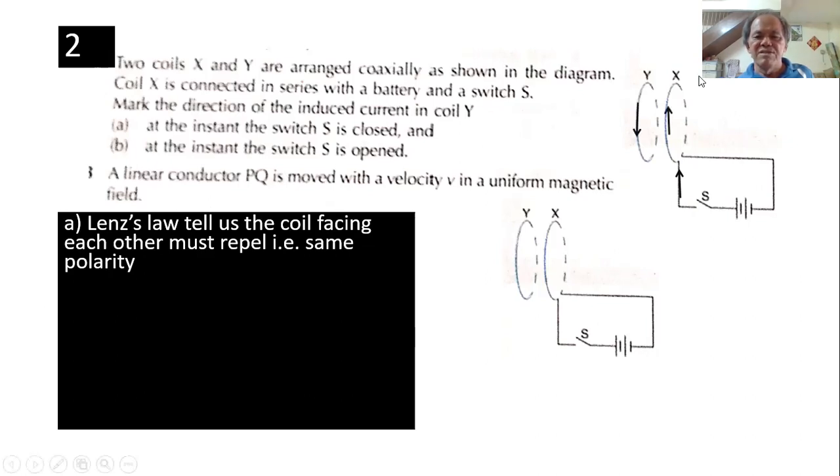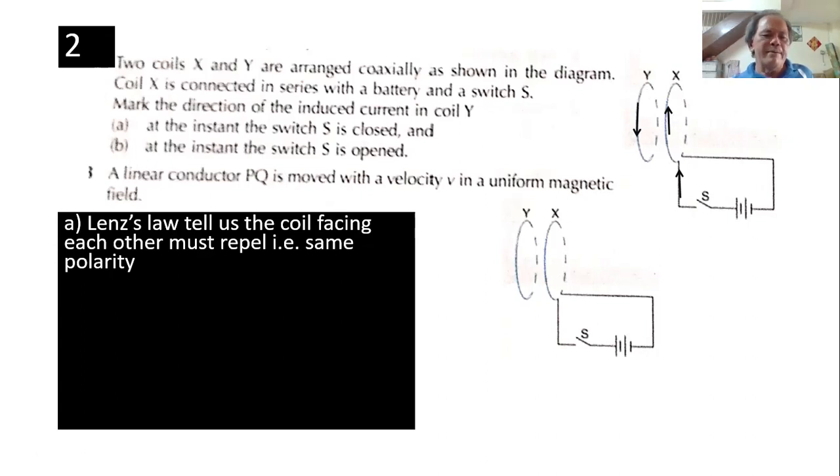So anti-clockwise, if you look from the right. Both of them, the currents, it's easier to say that they repel. Repulsion, we are looking at chapter 16. The two currents must be opposing each other.